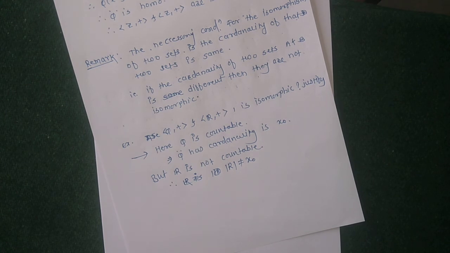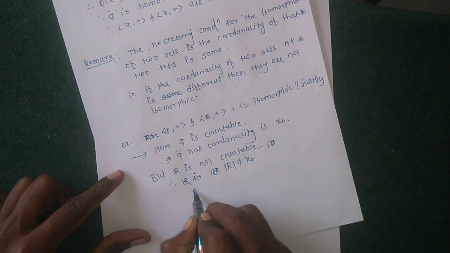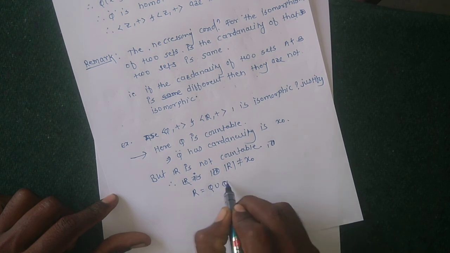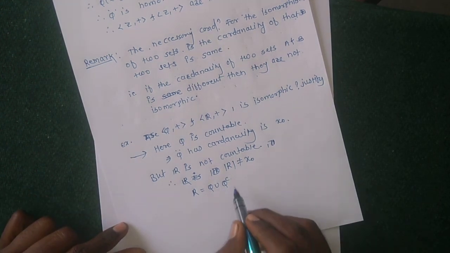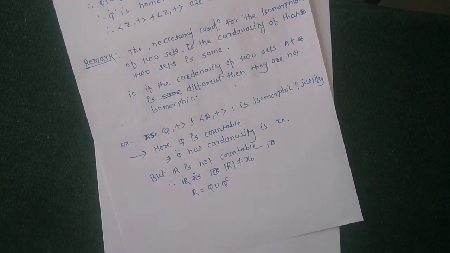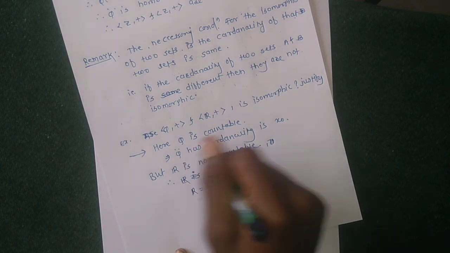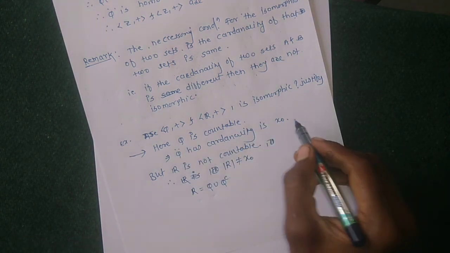Therefore Q is countable and has some cardinality, and the given set R is not countable, because R is the union of Q and the complement of Q, and the complement of Q is uncountable. Therefore R is uncountable and Q is countable. The cardinality of Q is aleph naught, the same as the cardinality of Z plus.